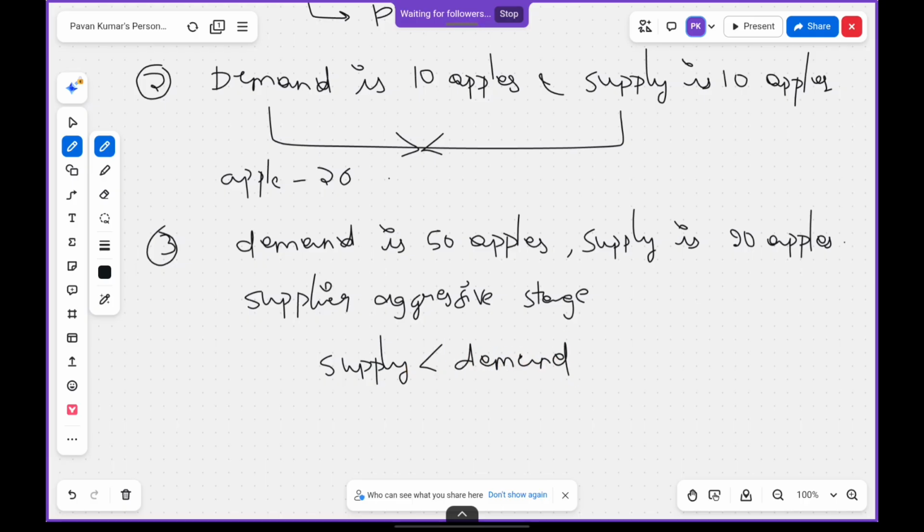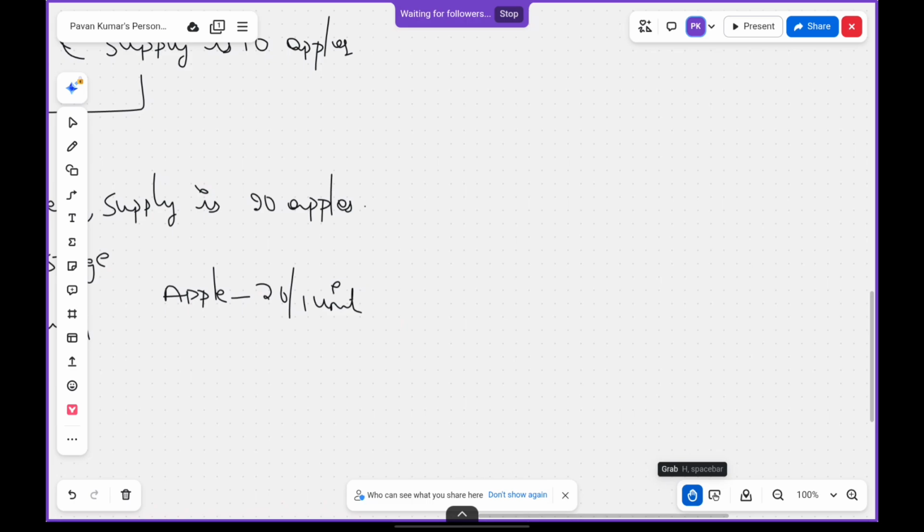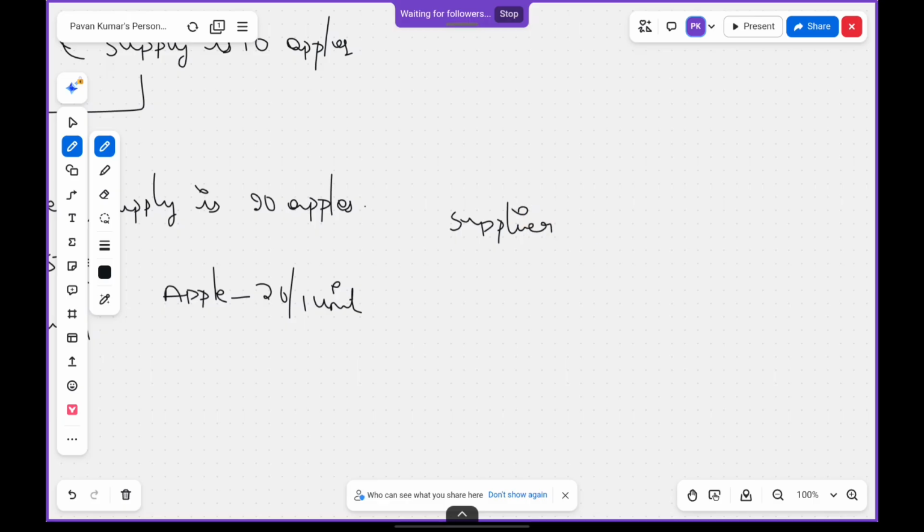Right? So let's say the apple's cost is 20 per unit. But what will the supplier do? Because the demand is huge and the supply is less, the supplier will increase the price from 20 to 30 per unit.